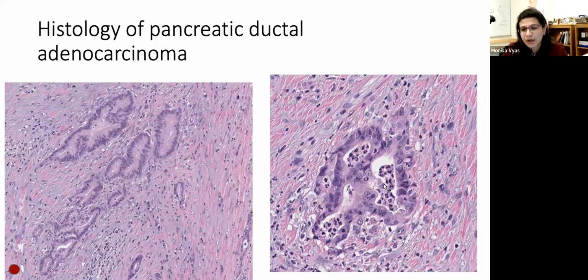This particular focus also shows necrosis within the lumen of the glands, which is again an indicator of malignancy. So this is a very typical example of pancreatic ductal adenocarcinoma.